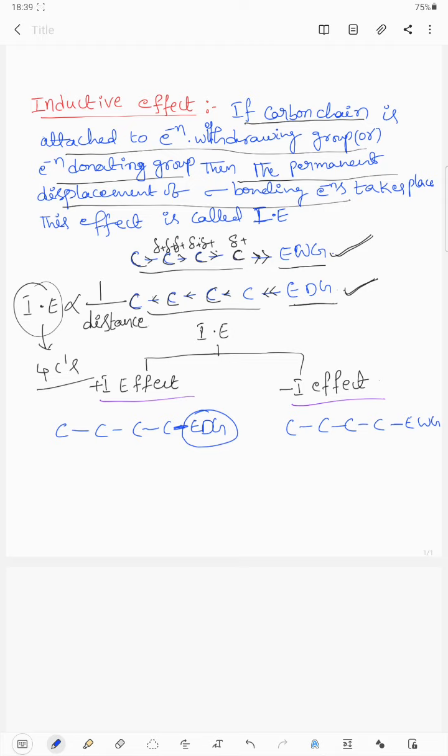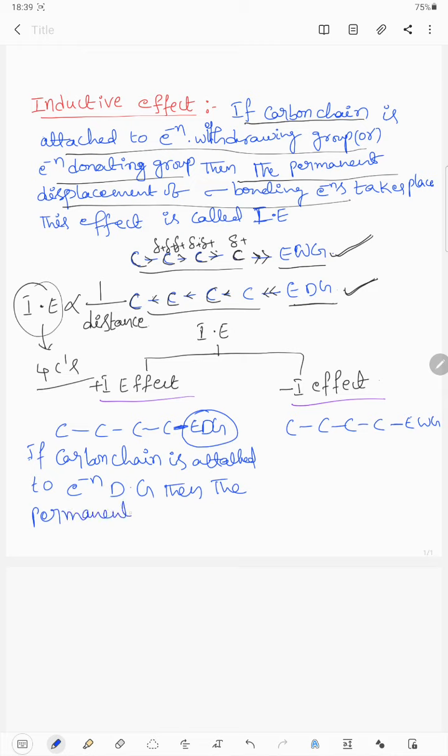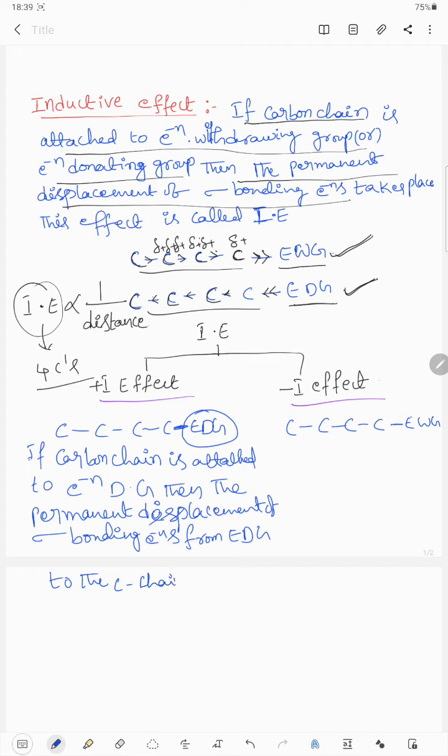Very simple. If a carbon chain is attached to an electron donating group, then the permanent displacement of sigma bonding electrons from the electron donating group to the carbon chain takes place.